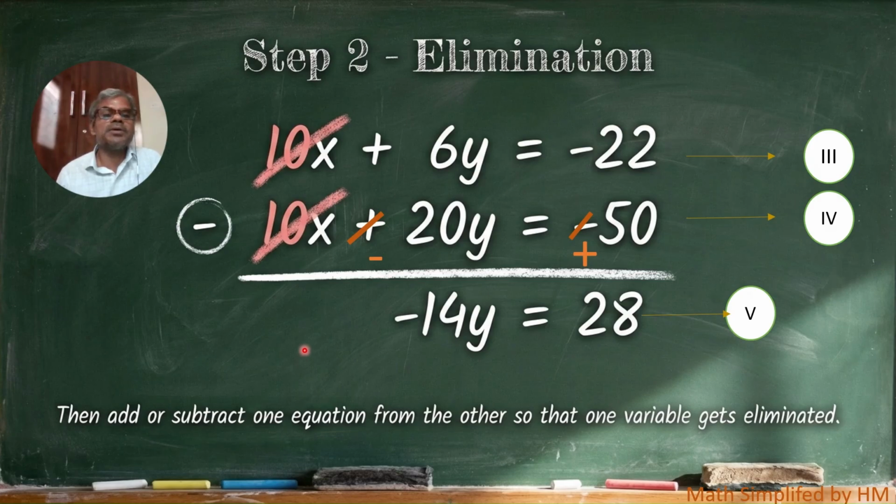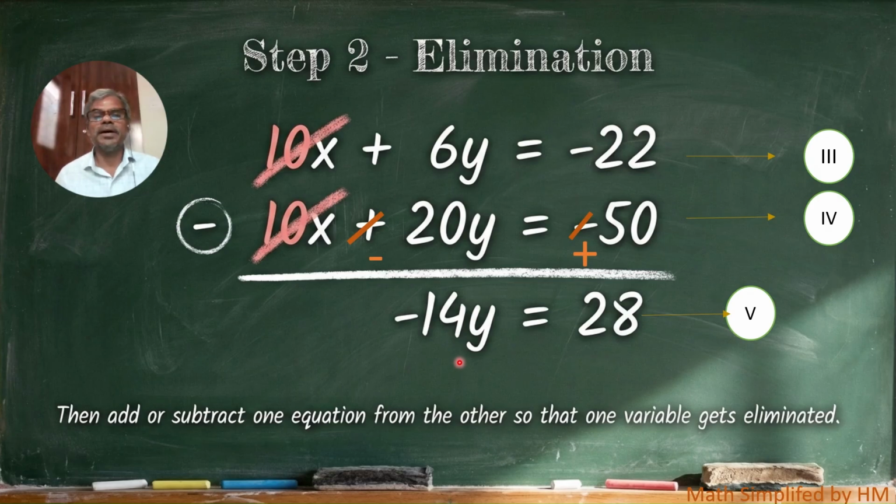For that purpose, we will change the sign of each term in equation 4: 10x to minus 10x, plus 20y to minus 20y, minus 50 to plus 50. Then adding, we get 10x plus minus 10x becomes null, 6y plus minus 20y becomes minus 14y, minus 22 plus 50 gives 28.